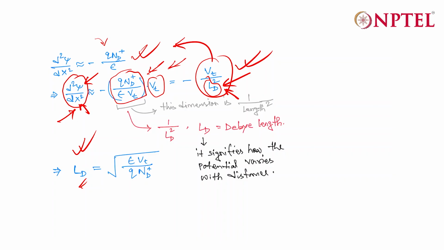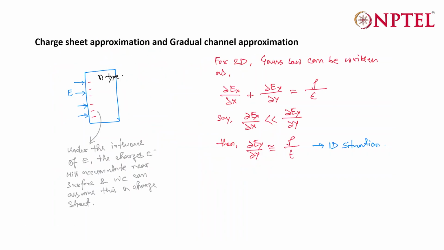Now apart from these approximations, there are two more approximations. One is known as charge sheet approximation and another one is gradual channel approximation. In case of charge sheet approximation, what we assume is, for example, if there is a semiconductor block and if there is some electric field in the surface area, you will find a lot of electrical charges accumulating near the surface.